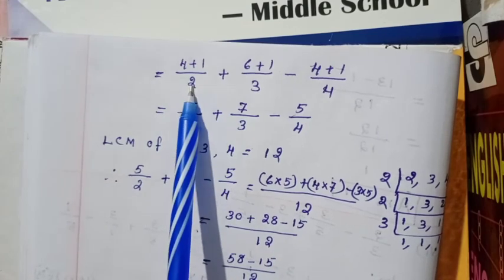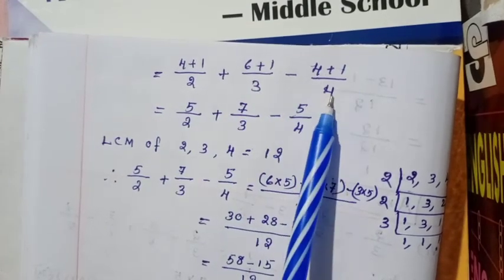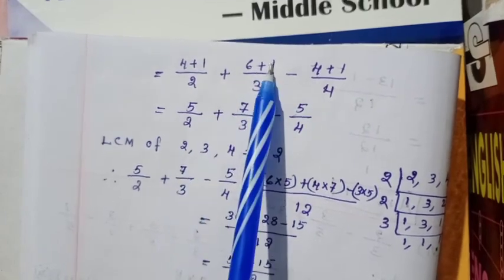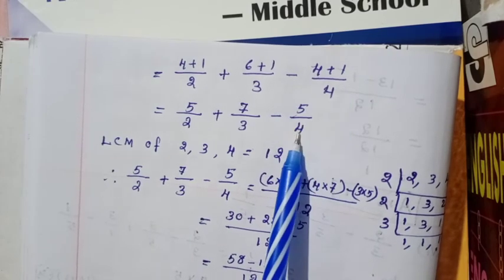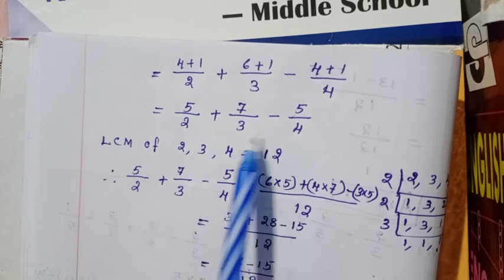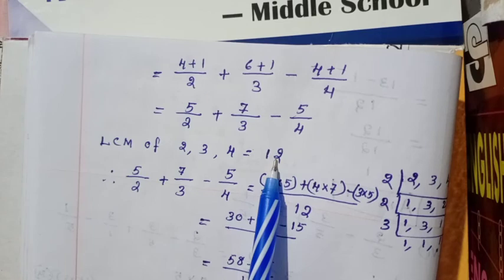4 plus 1 by 2 plus 6 plus 1 by 3 minus 4 plus 1 by 4. That is 4 plus 1, 5 by 2, plus 6 plus 1, 7 by 3, minus 4 plus 1, 5 by 4. All three denominators are different, so find out the LCM of 2, 3, 4. The LCM will be 12.